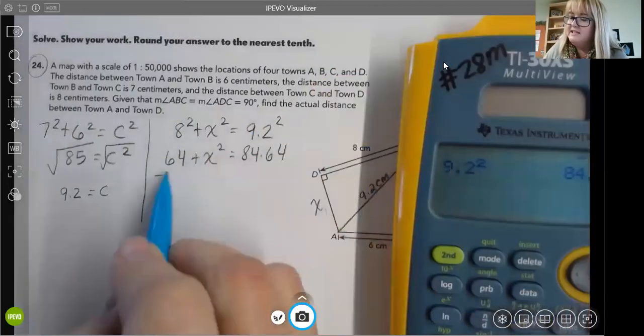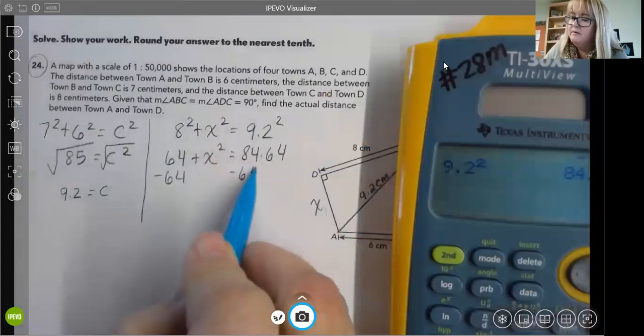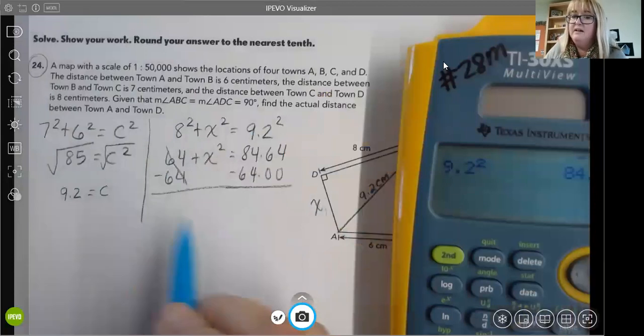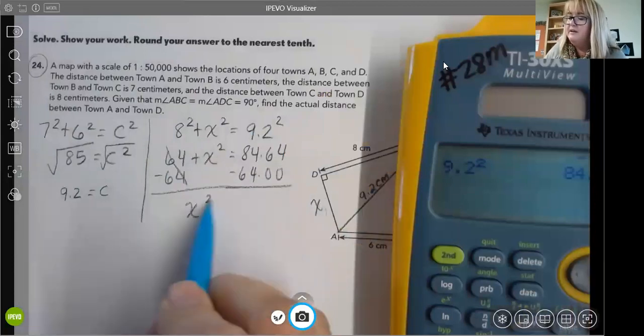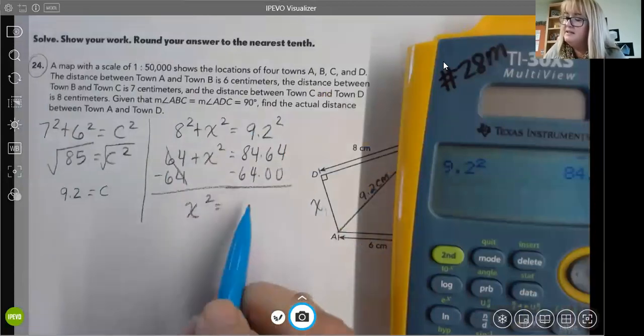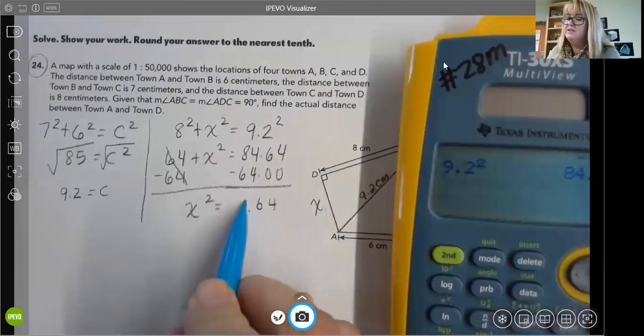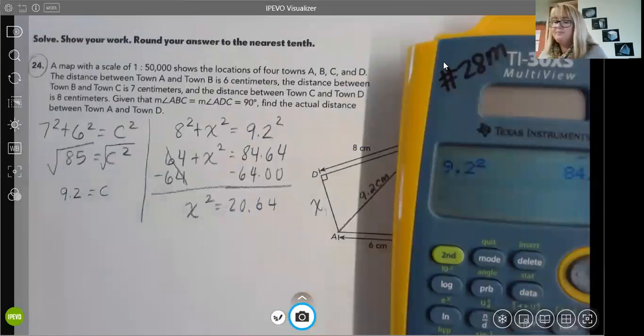And then I'm going to subtract 64 from both sides. That cancels out. x squared is, so it's 20.64.